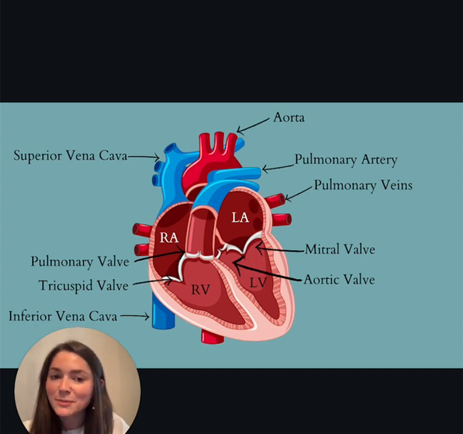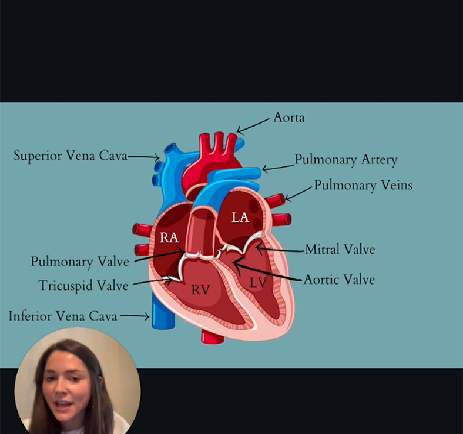Then the tricuspid valve opens to allow that blood from the right atrium to enter the right ventricle. Next, the pulmonary valve opens to allow blood to flow through the pulmonary artery, which goes directly to where? To the lungs, where it gets oxygen.